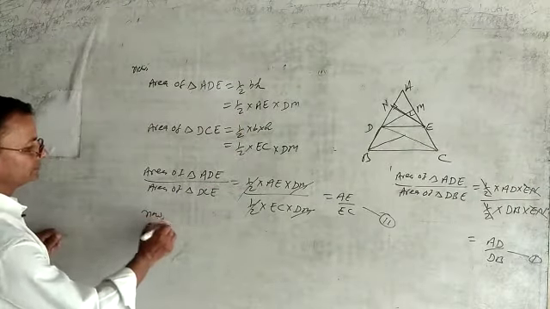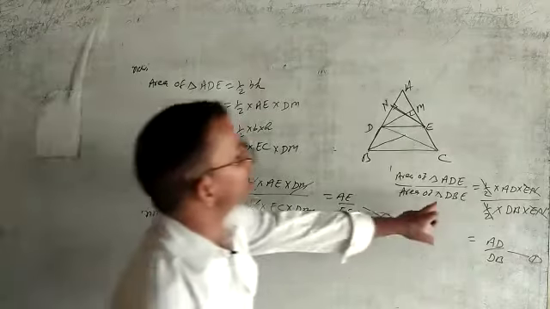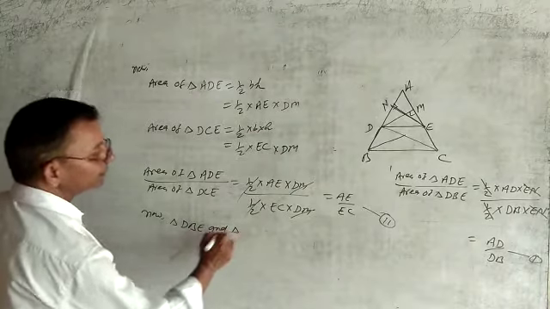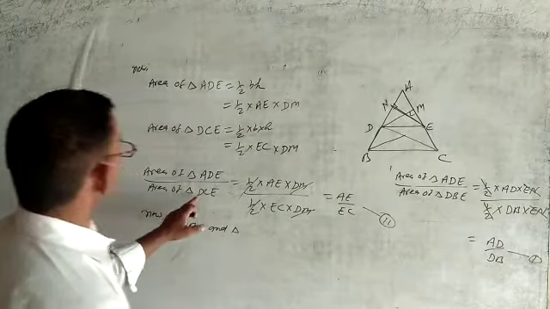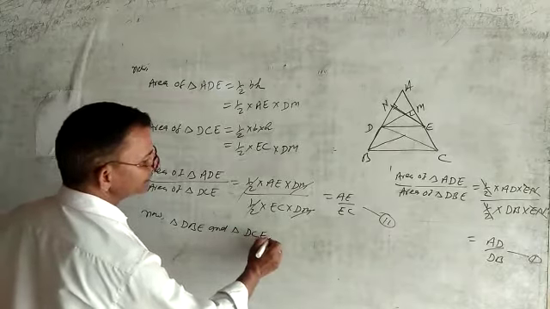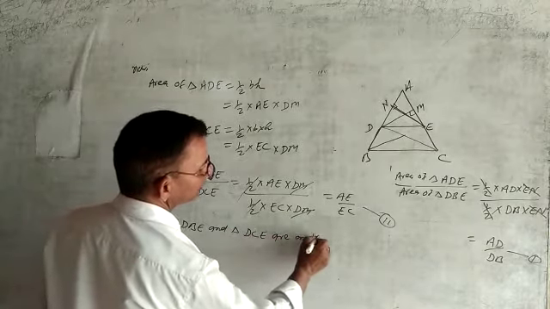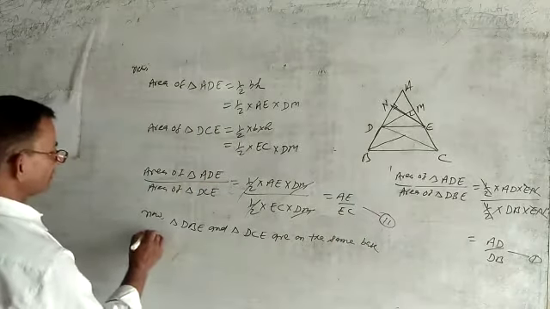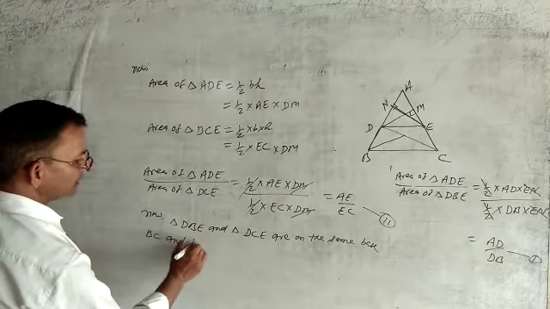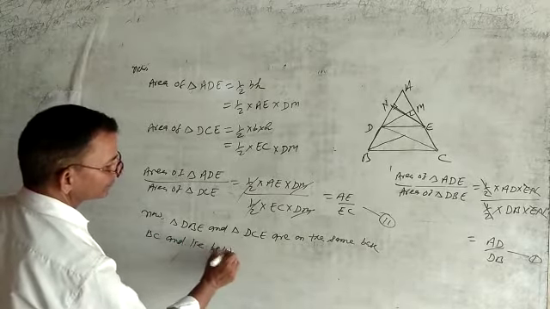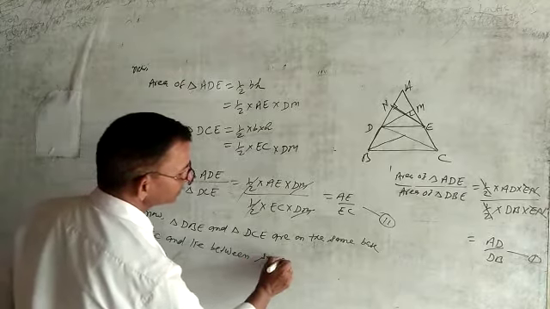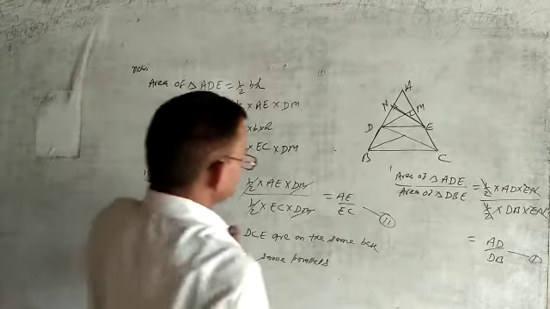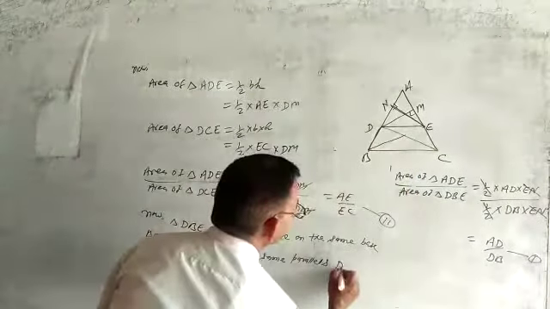Now triangle DBE and triangle DCE are on the same base DE and lie between the same parallels DE and BC.